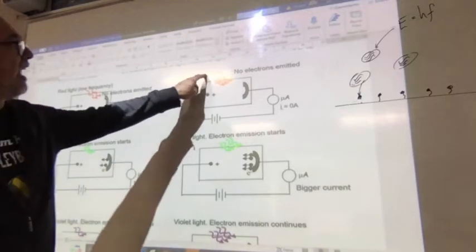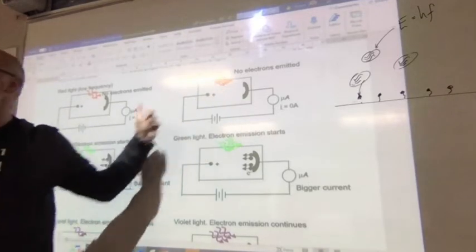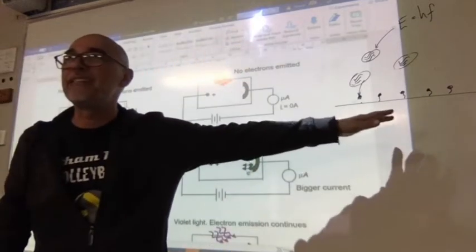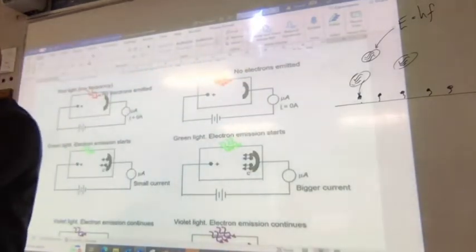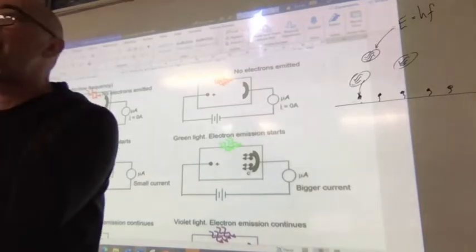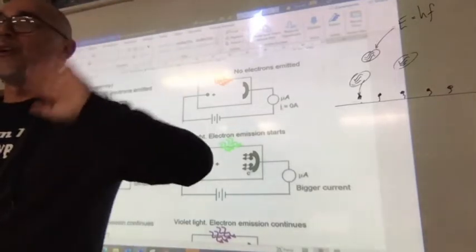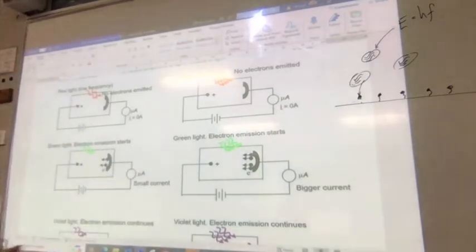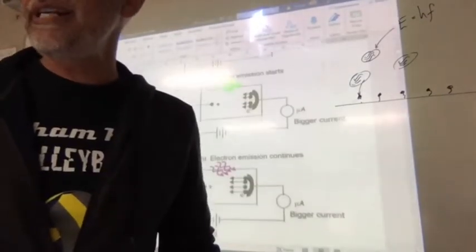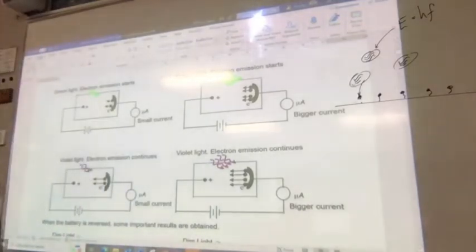Bright red light, same frequency, still no electrons. Doesn't matter how bright that light is. Why? Because individually those packets of light do not hold enough energy to even break the binding energy of the electron. So you get nothing no matter what. Now you move on a little bit and you can see green light, electron emission starts.